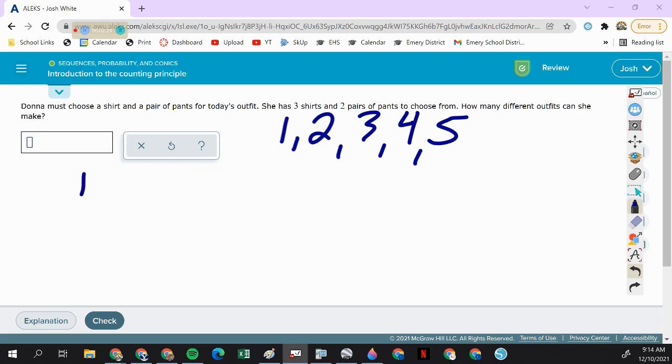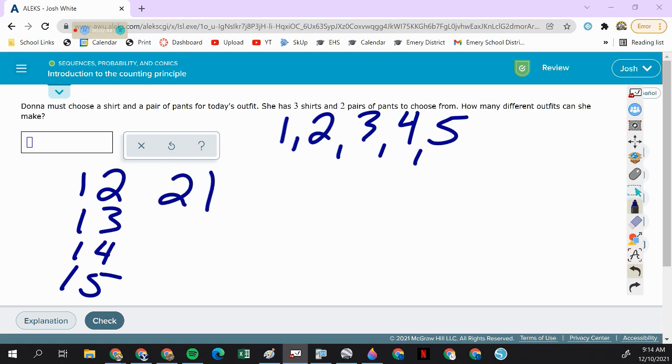So we could give 1 the $100 and 2 the $50. What else could happen? 1 3, 1 4, 1 5, 2 1. Is 12 equal to 21?